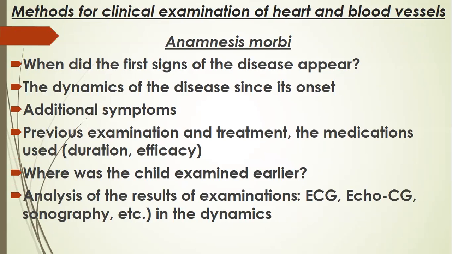The doctor has to ask the patient or his relatives questions: when did the first signs of the disease appear, the dynamic of the disease since its onset, additional symptoms, previous examination and treatment, medication used, duration and efficacy, where the child was examined earlier, and analyze the results of examination.